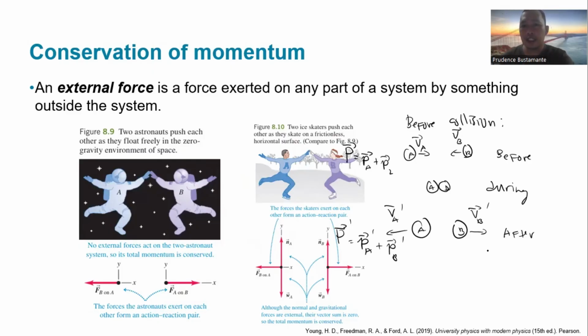In collisions class, by the way, the internal forces are too big compared to the external forces. That's why we can treat this one as an isolated system where the total momentum P is conserved. So what do you mean by conservation of total momentum? It means that as long as the external force is zero or negligible, the value of your total momentum before must be the same as your total momentum after.